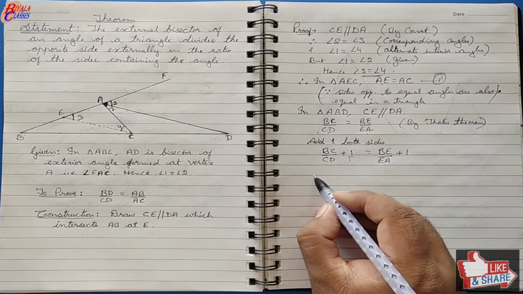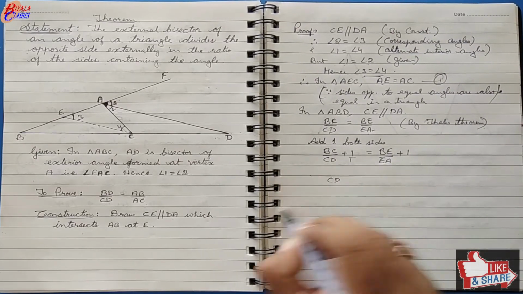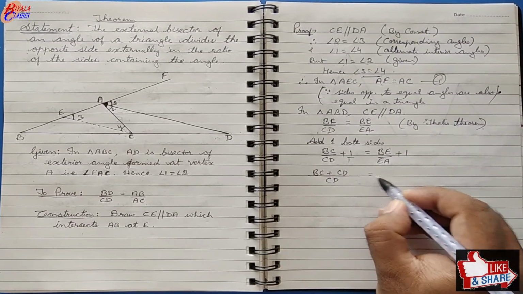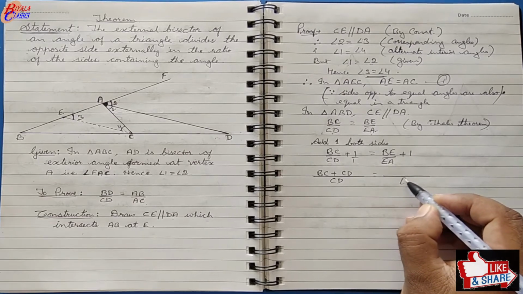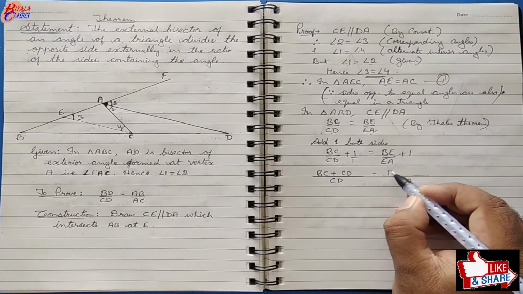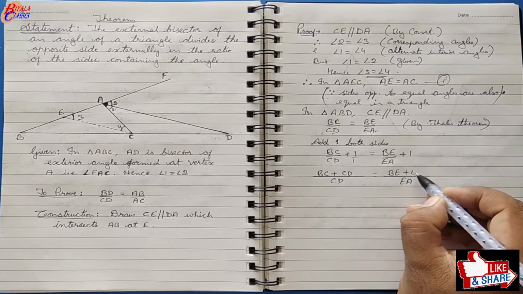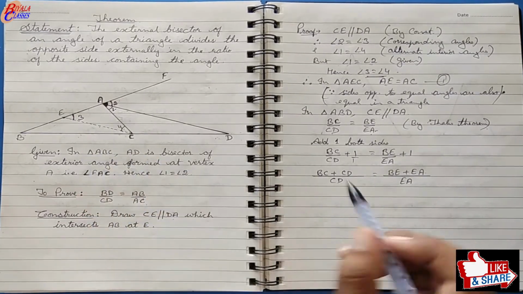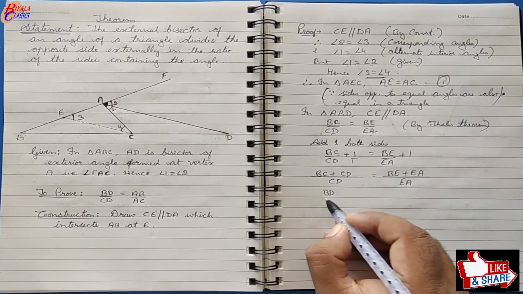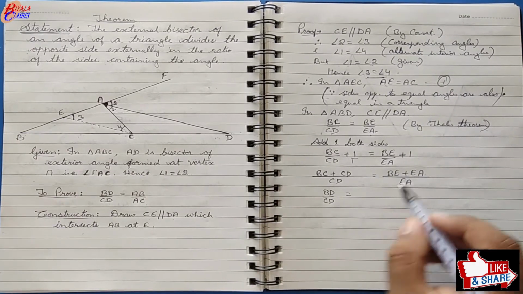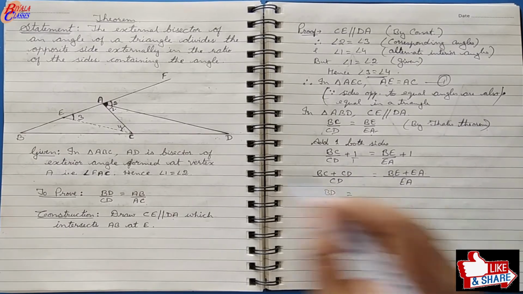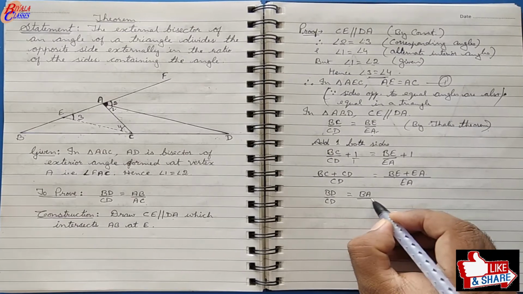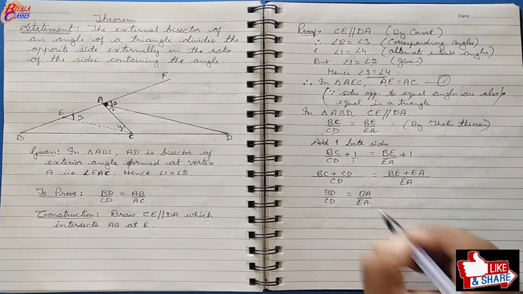Now taking the LCM, CD on the left and EA on the right, we have BC plus CD upon CD equals BE plus EA upon EA. Now BC plus CD is BD, so BD upon CD equals, and BE plus EA is BA, so BA upon EA.